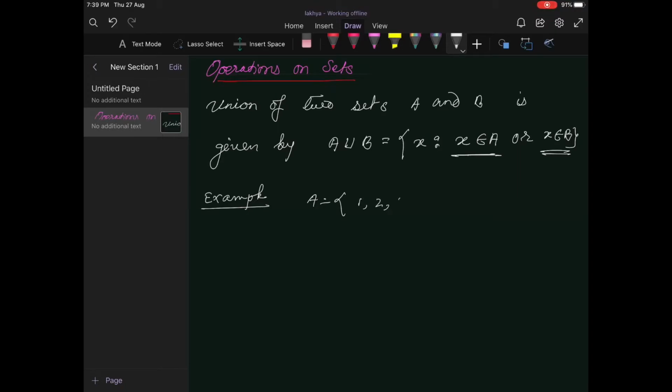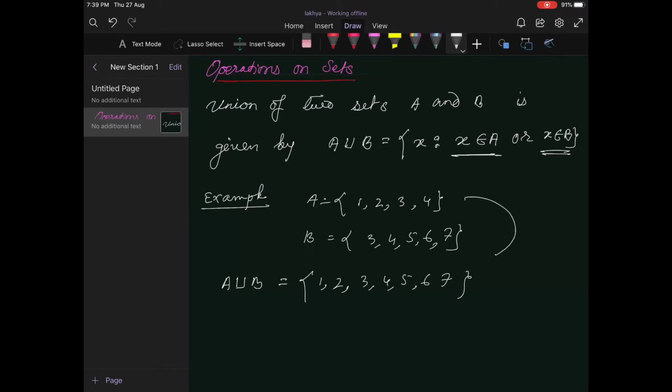suppose set A contains 1, 2, 3, 4 and B contains 3, 4, 5, 6, 7. Then A union B should contain 1, 2, 3, 4, 5, 6, 7.